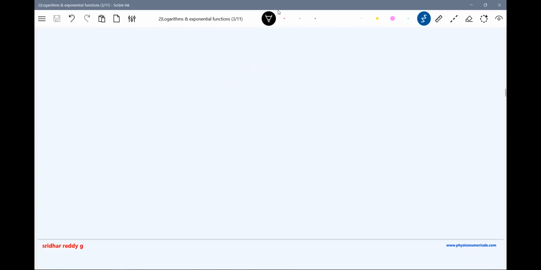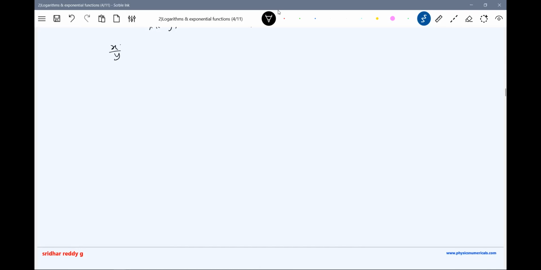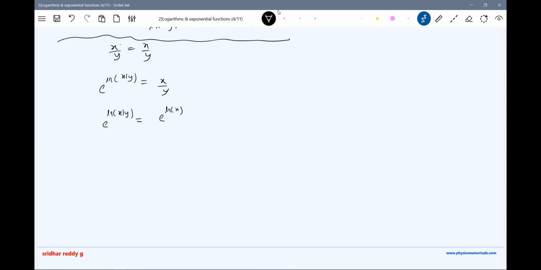Similarly, let's go for the quotient rule. Let me take e to the power of log of x by y equal to x by y. This further becomes e to the power of log x by e to the power of log y.